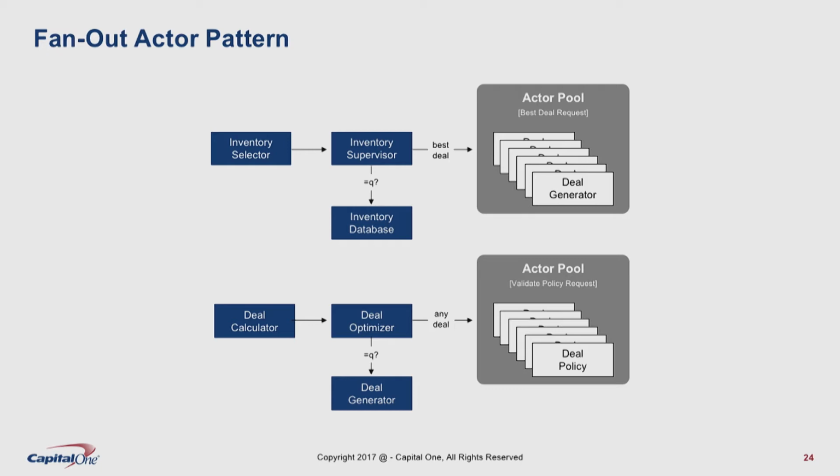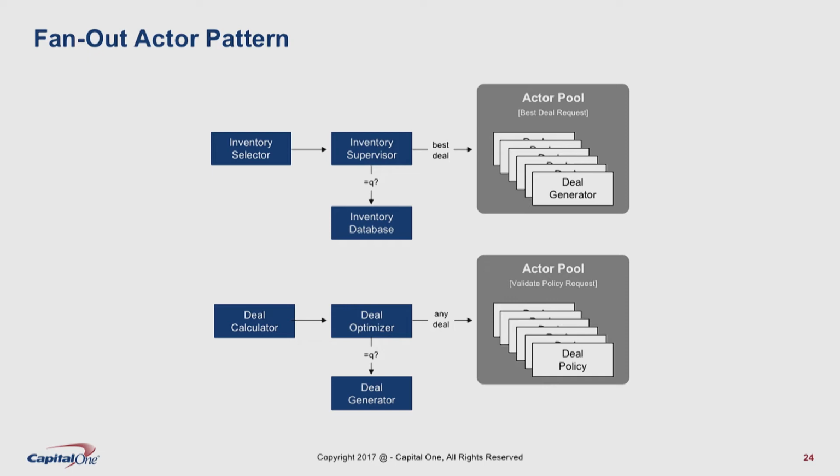So this is how we did it. It's what we call a fan-out pattern. So much like the supervisor I showed you before, we have some sort of inventory selector that's generally set by the customer. I want blue Hondas and 700 miles radius from my zip code, crazy things like that.